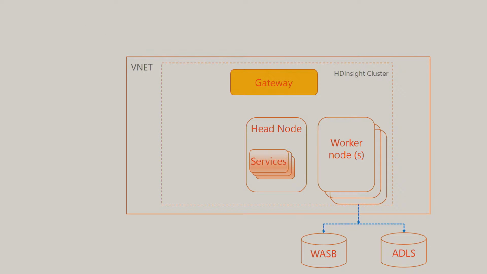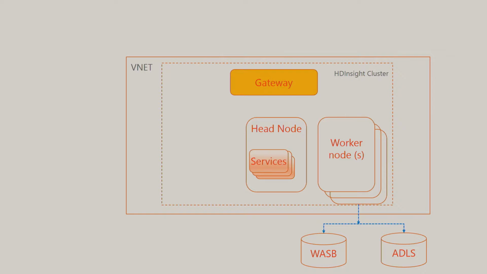Now I want to bring your attention to this block diagram. This is a really simple block diagram for HD Insight, but most of my presentation is based off this diagram. In the diagram, the outer rectangle which we see is a virtual network, which I talked about, that you can set firewall rules and network security groups for.